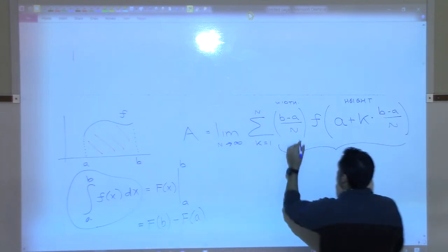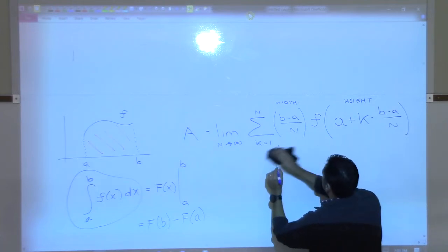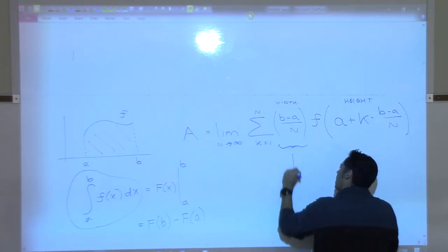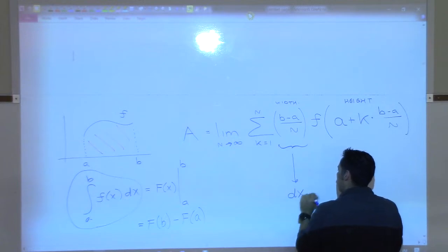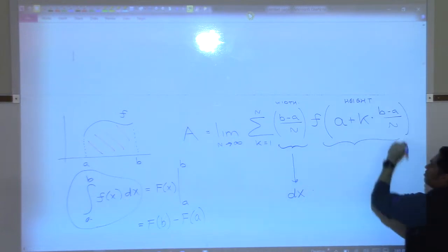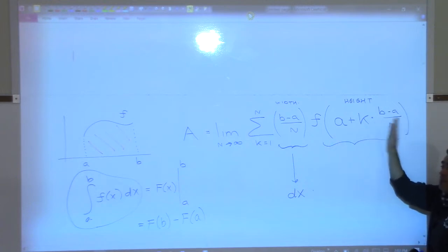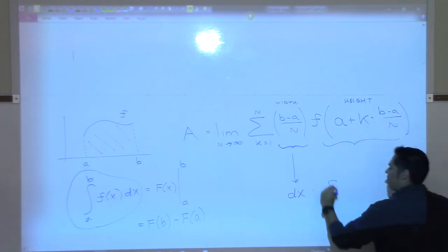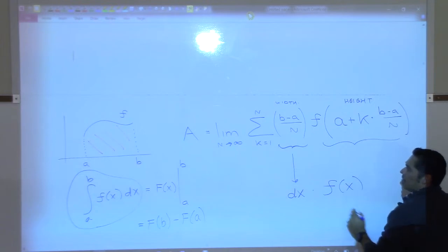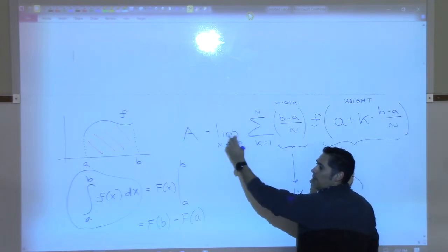So this right here is the dx in the formula. And then this right here is just the function evaluated at some value of x, so that's your f of x in the formula. And this is not a sum, it's a limit of a sum.